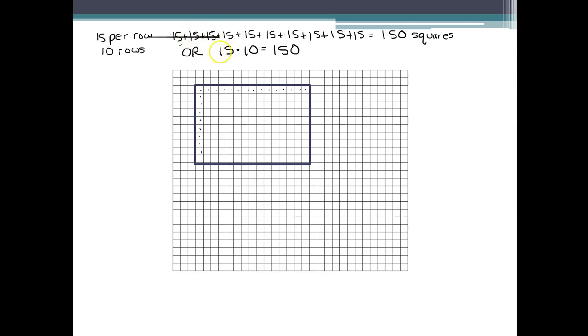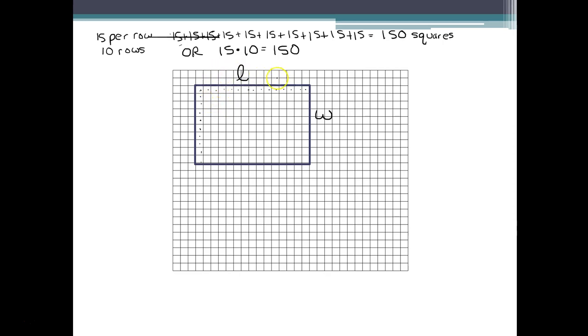And it turns out, though, that even if you didn't have perfect squares inside of there, if you had to chop up pieces of squares because maybe the length was 13.2 squares long, and maybe you only had 8.9 rows, it would be kind of hard to count the squares in that case.